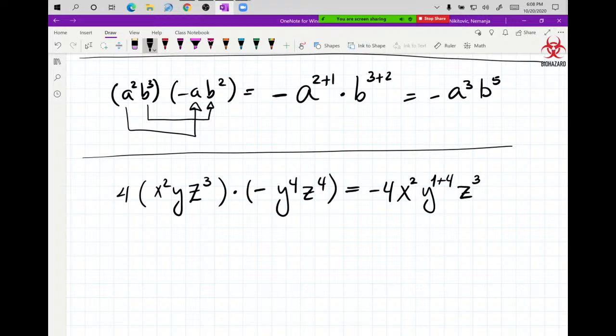And z has 3 on the first and 4 on the second. Now I will explain why this works this way. So negative 4 x squared, and now this is y to the 5, and then z to the 7. 3 plus 4 is 7. And we are done.